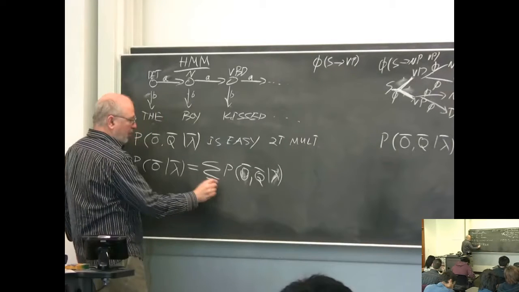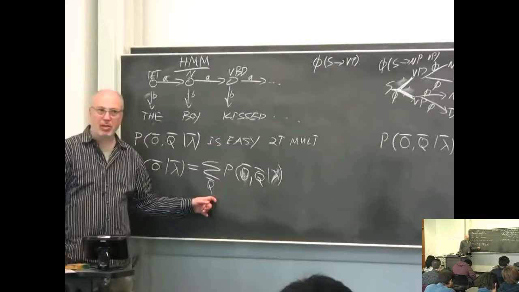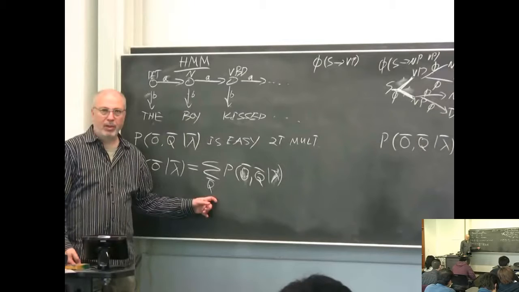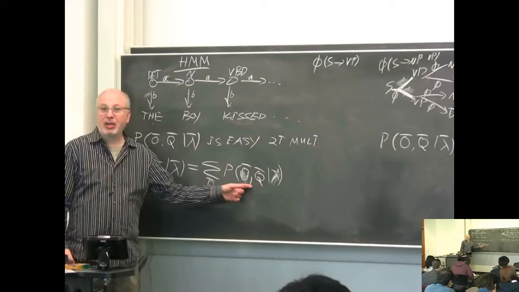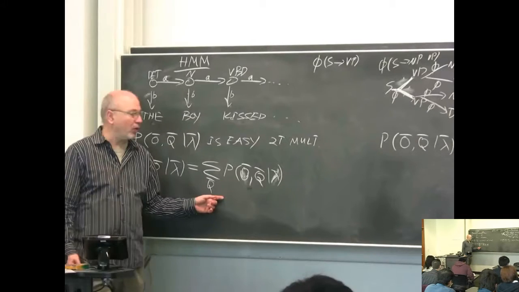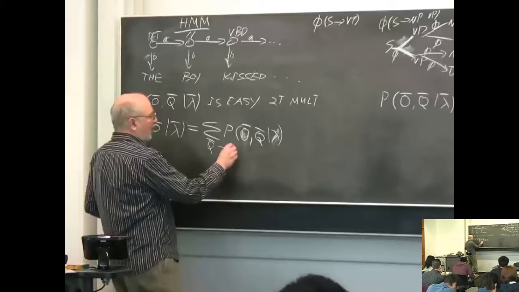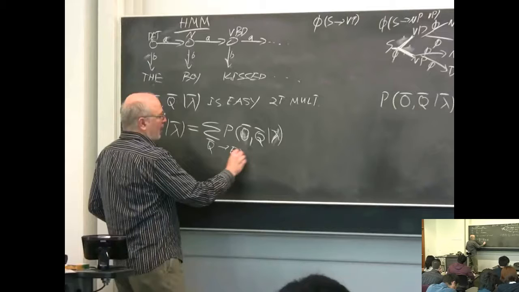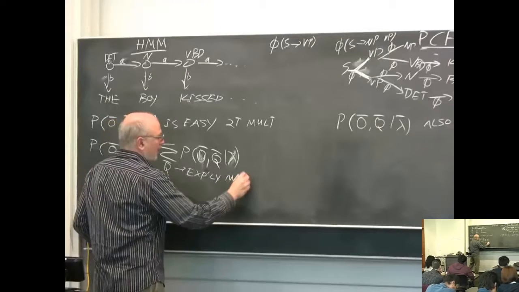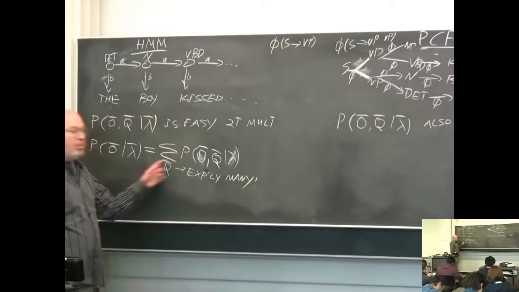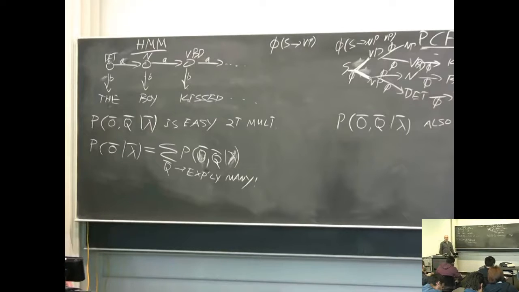Sum over all Q's, all hidden state sequences. Each one of them is easy, but there are exponentially many of them, right? So a simple summation will not be computationally feasible.